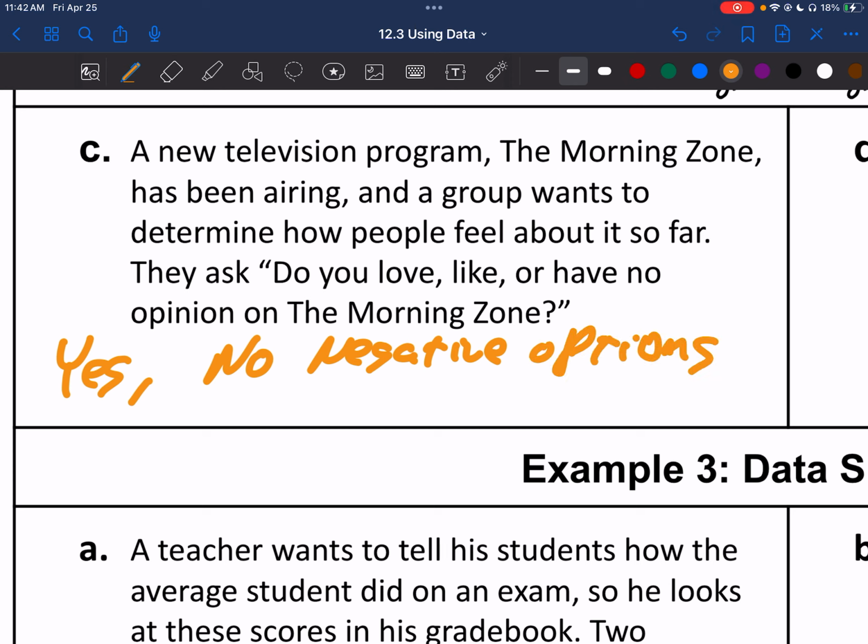And who might support this? Morning Zone creators. They could potentially be doing that. They want to be able to say that they have this positive response. And so the way you can get a positive response is to make sure there are no negative responses.